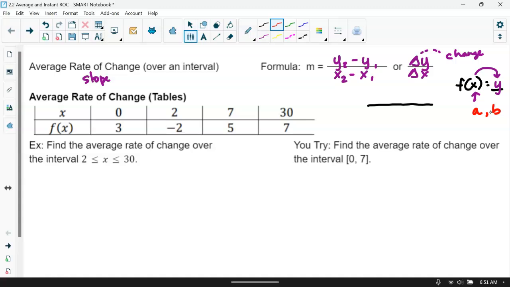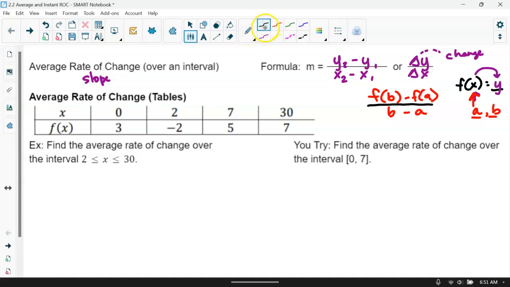Another way of looking at the change of y is f of B minus f of A, because this is our format for the change in y, over the x values we would be substituting in, so B minus A. Keep in mind this format, and we're going to come back to that in a little bit. But let's go ahead and review our average rate of change.